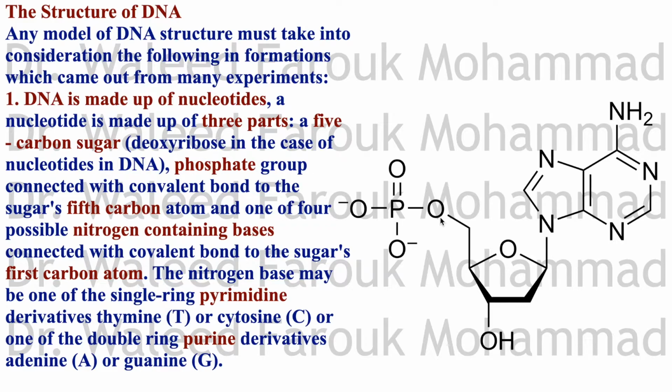So again, it's a 5-carbon sugar. To the 5th carbon is the phosphate group, and the base, a pyrimidine or purine base.